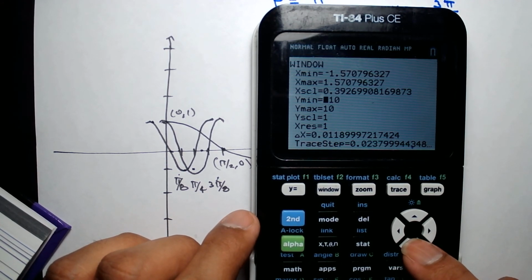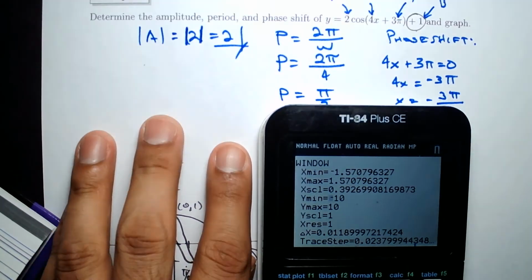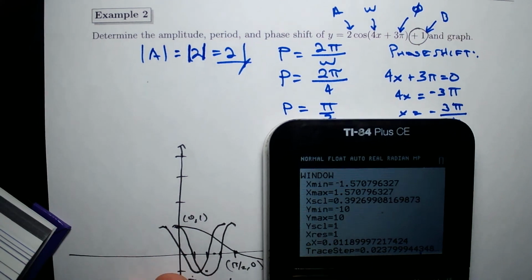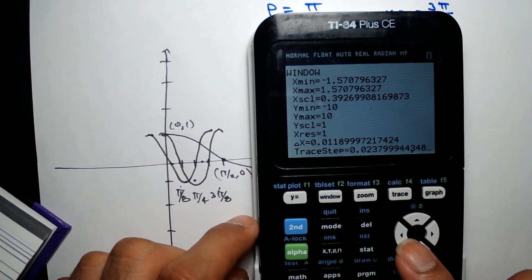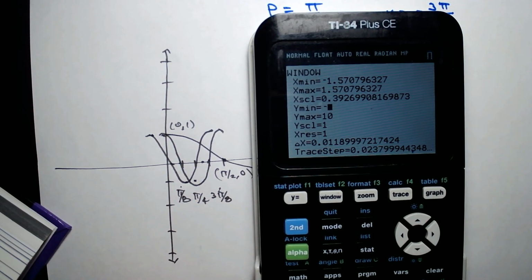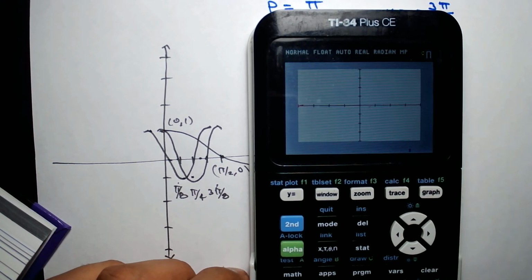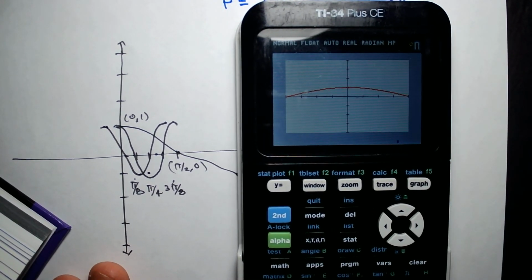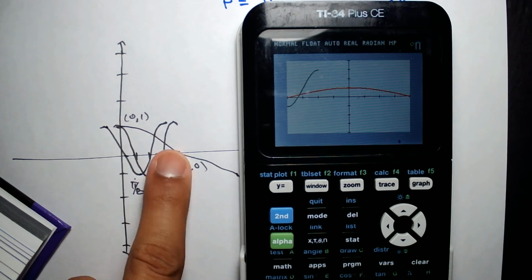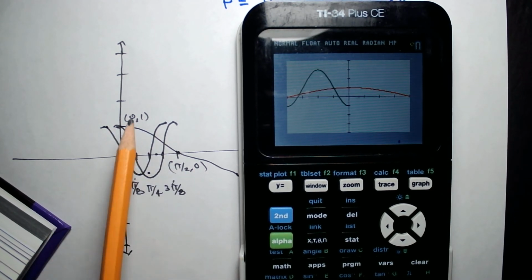The y-min, well, I need to change that. The amplitude is only 2, and there's a shifting, so I'm just going to go from negative 4 to 4. Okay, y scaling is 1, that's fine. All right, so first I get only this portion for the original.